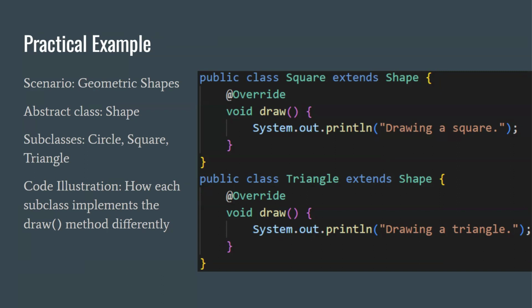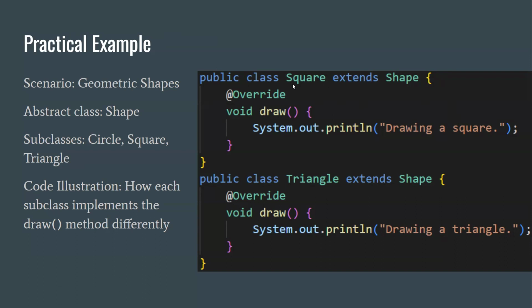And each of these shapes extends our abstract class shape and implements the draw method differently to display itself on the screen. So this structure allows a program to handle different shapes in a uniform manner, and this simplifies code maintenance and extension.